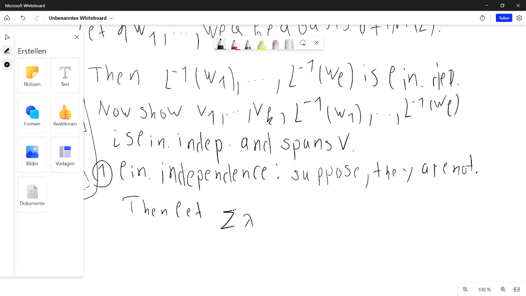So lambda i v i plus beta i times the pre-image of w i, and this is just any pre-images, right? We just take any of the pre-images. The map is not necessarily injective, so we just take any element in here and we denote it from now on like this, right?